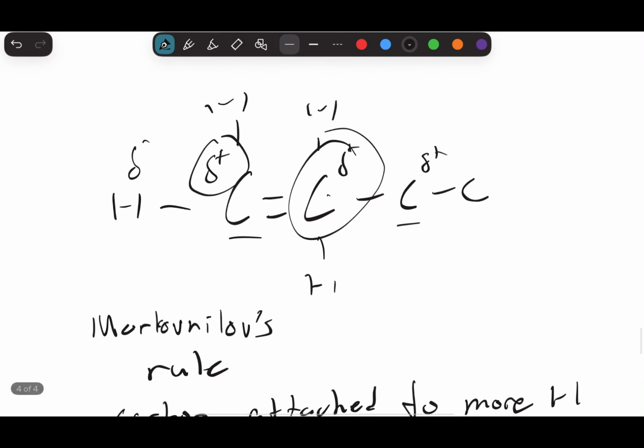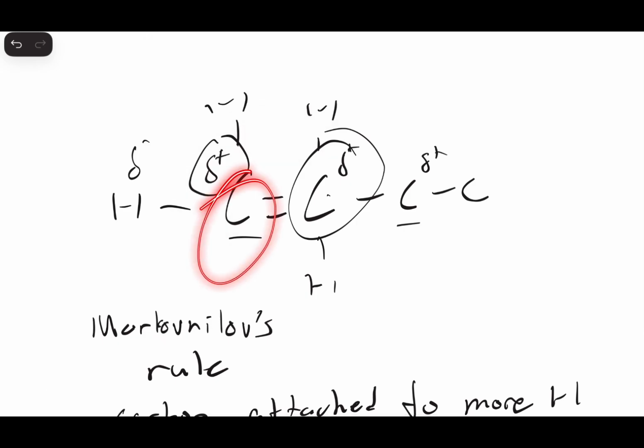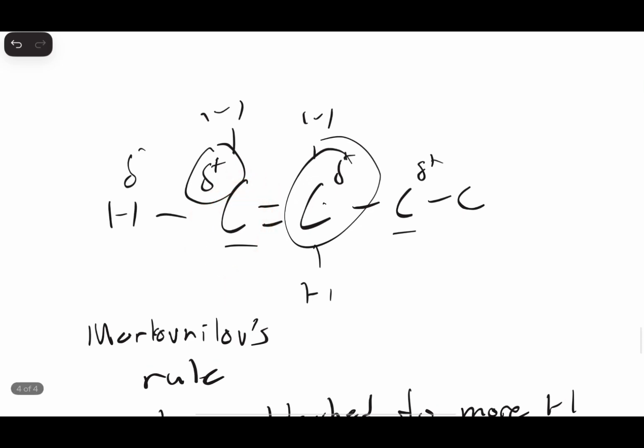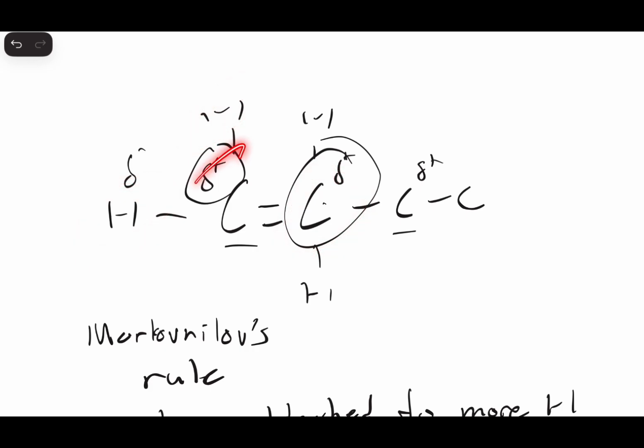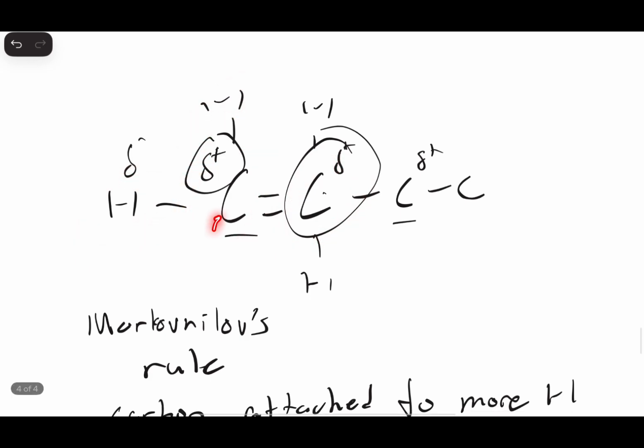But the carbon on the left here, let me get my little pointer. The carbon on the left here is attached to more hydrogens compared to carbons, meaning that this carbon right here is more likely to react.